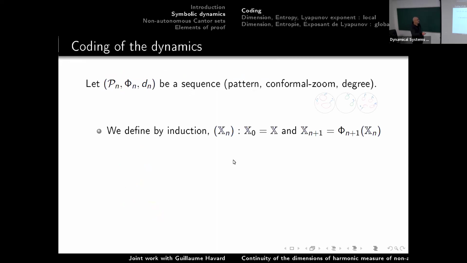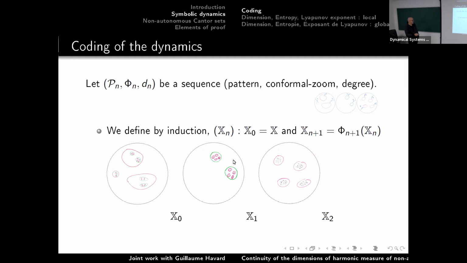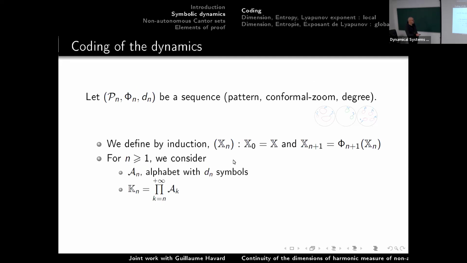To define things properly, we have a sequence of patterns, conformal maps, and degree. Of course, if you have the conformal maps, you have everything, but never mind. We define by induction the IFS that goes with it, the Cantor set that goes with it, the sequence of compact sets that will create a Cantor set for this pattern. And we will code it in a very usual way.